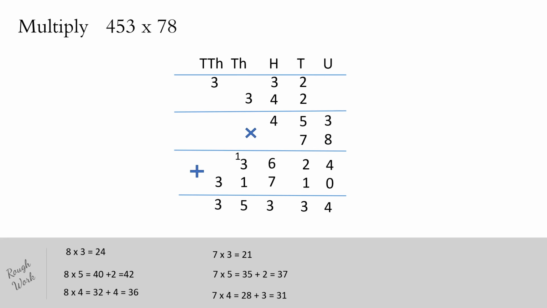So our final answer is 453 into 78 is equal to 35,334. So students, you must have understood now how to do vertically multiplication.